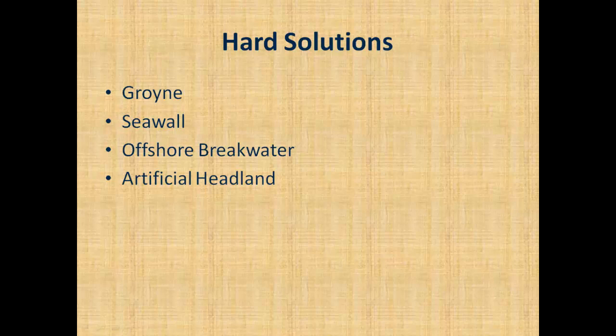You have erosion downdrift, just like I was saying. It's blocking material. As material is getting deposited, it stops when it hits the groin. So anything downdrift from the groin gets eaten away without getting replenished.